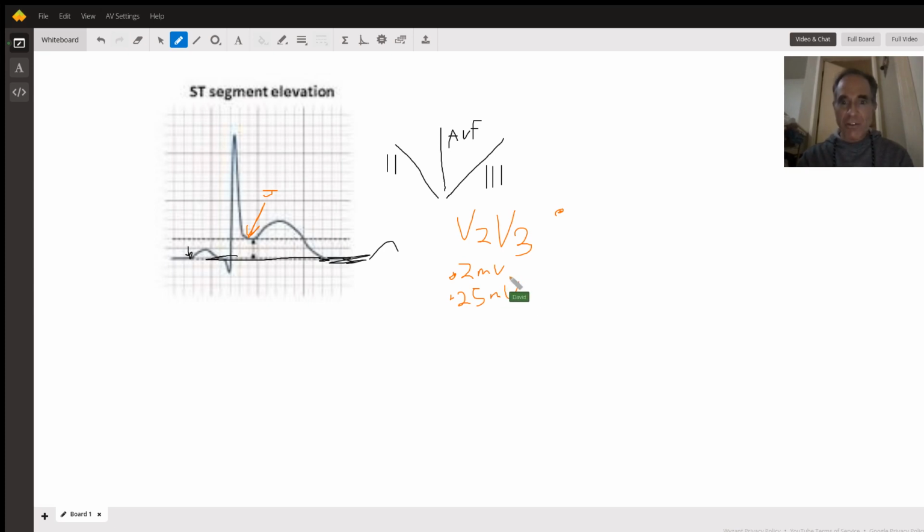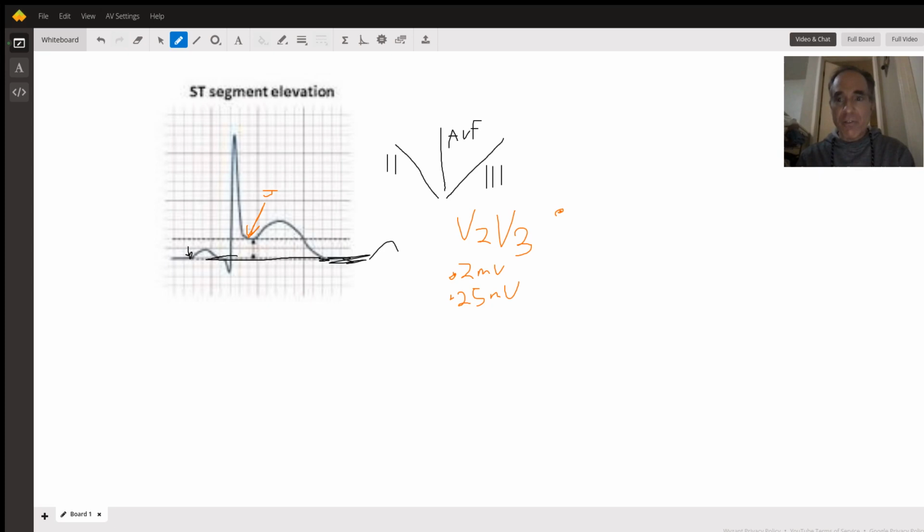If you have any of those in lead V2 or V3, that counts as ST elevation. Any other lead, 0.1 is enough. So you can say that there's a STEMI if you've got anything that counts as ST elevation for whatever lead you have, and they are contiguous leads.